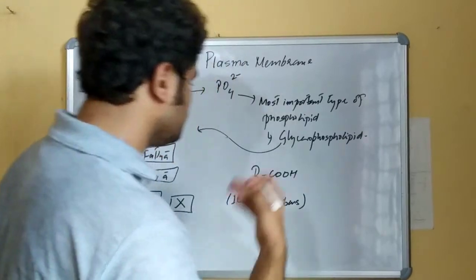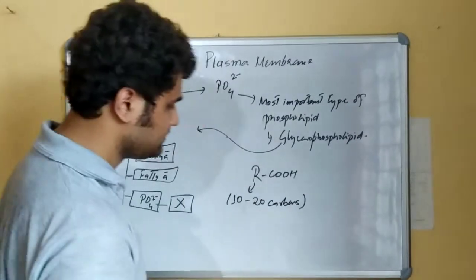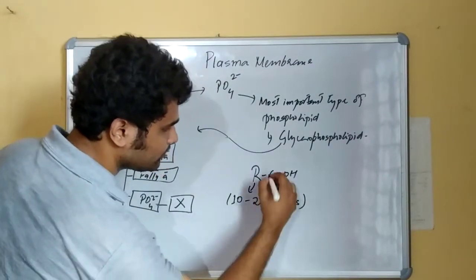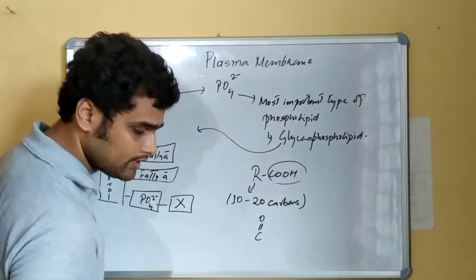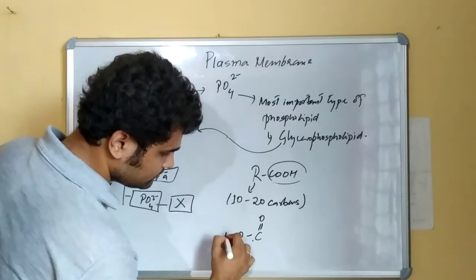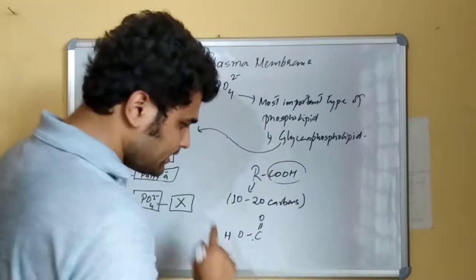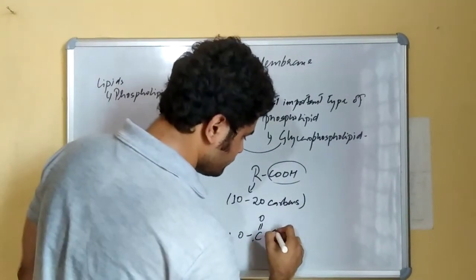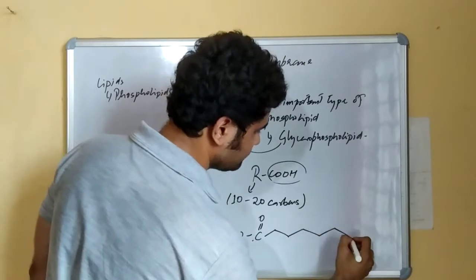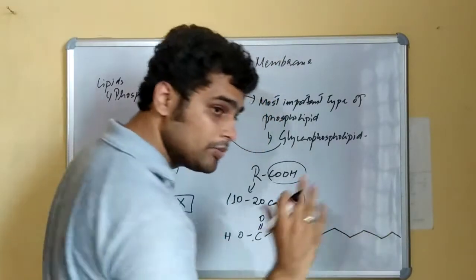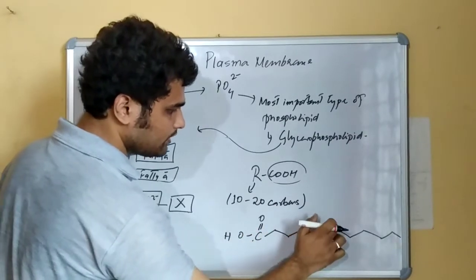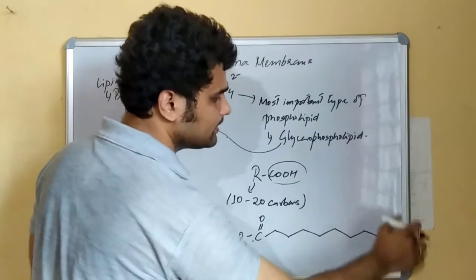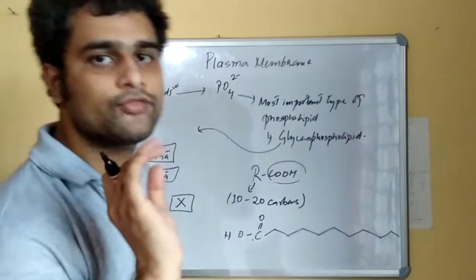So if I have to draw a fatty acid, first and foremost I'm going to draw a carbonyl group and an OH group. Now along with this carbon, I'm going to draw a chain of hydrocarbon this way. So how many carbons are there? Just see. 1, 2, 3, 4, 5, 6, 7, 8, 9, and 10. So a minimum of 10 carbons.